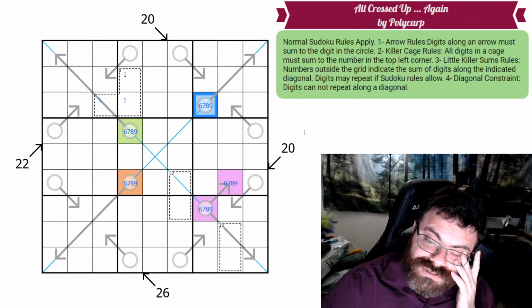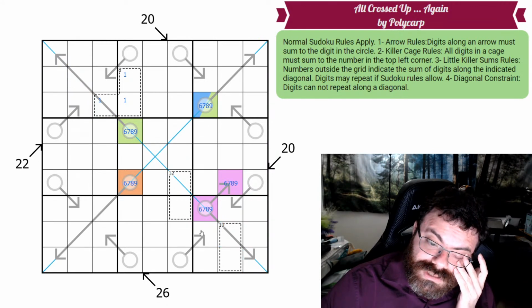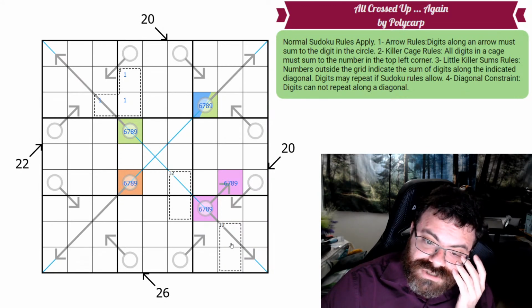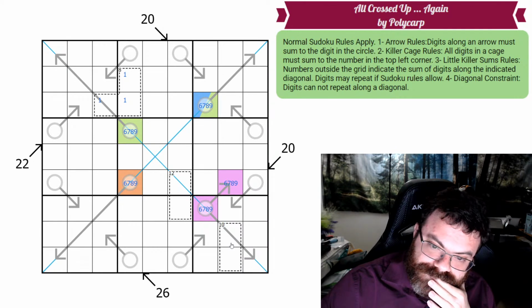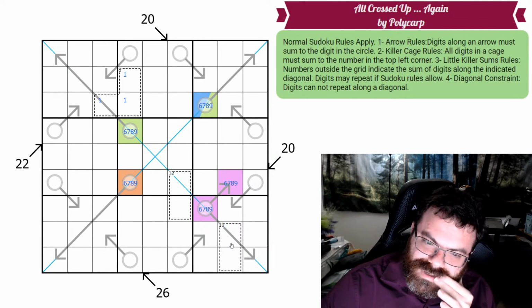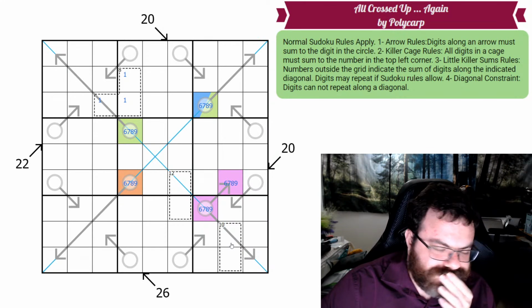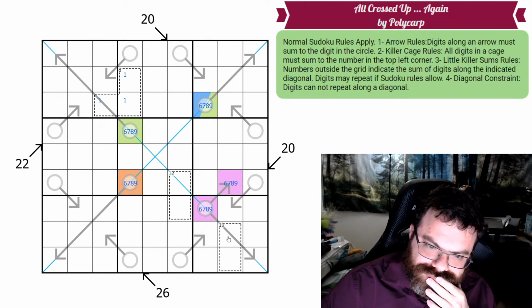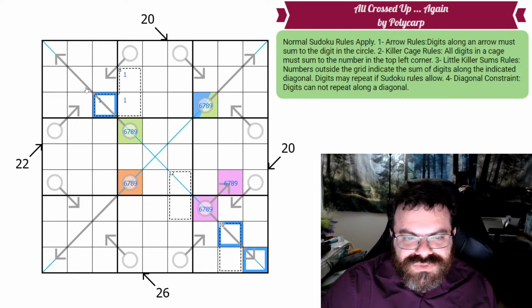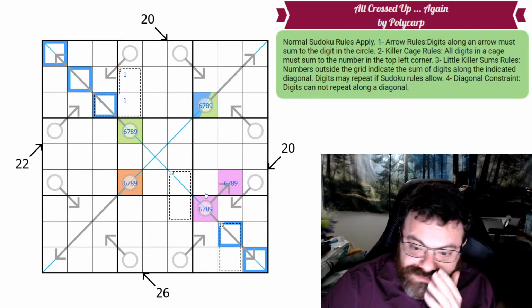So that's faulty. They added to a larger number. My logic was assuming that this actually added to 15.